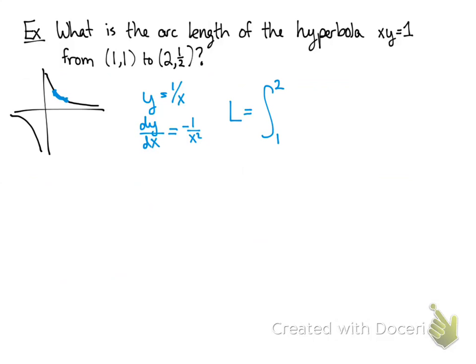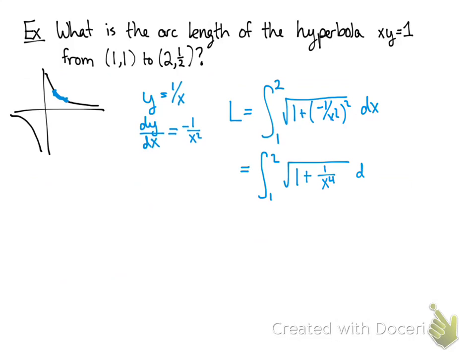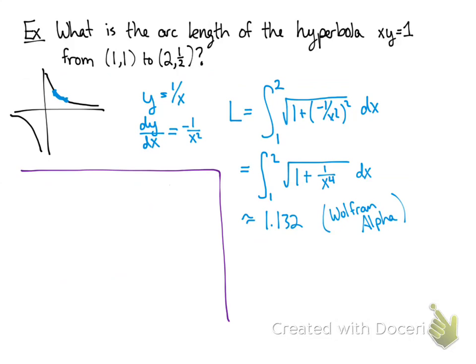And then the arc length is the integral from x values 1 to 2 of the square root of 1 plus that derivative squared dx. Simplify slightly. And then I used Wolfram Alpha to approximate this because it's not an easy integral to do. And it's about 1.132 units long. That's the length of that part of the curve.